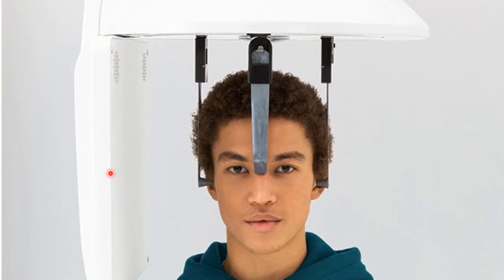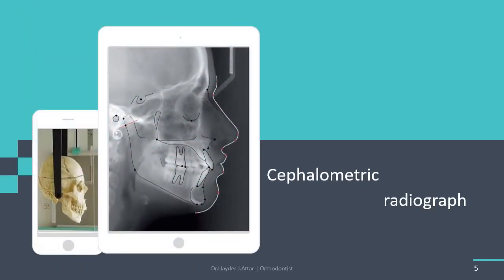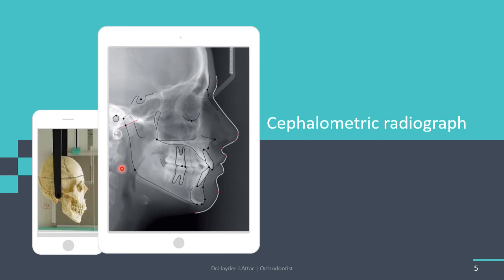Here, the position of the sensor and the source of the X-ray beam is such that the beam passes through the external auditory meatus to produce a standardized lateral cephalometric radiograph of the patient. And here is the position of the cephalostat.